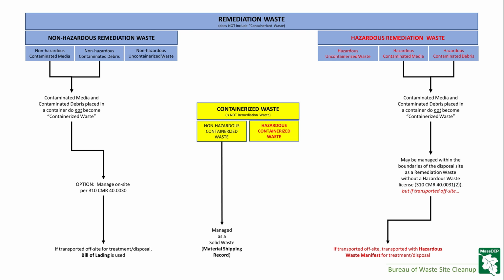It may be managed as a solid waste using a material shipping record, or MSR, to track the transport and eventual treatment or disposal of that material. But if your container does contain hazardous waste, then you have containerized hazardous waste, and it must be transported off-site with a hazardous waste manifest for tracking the transportation and eventual disposal or treatment of that material.